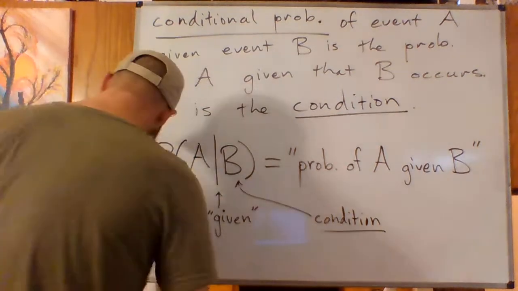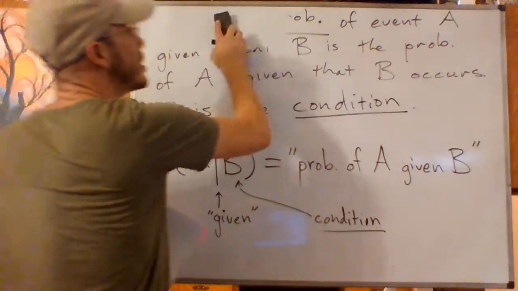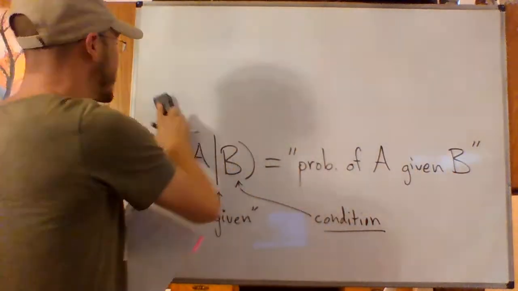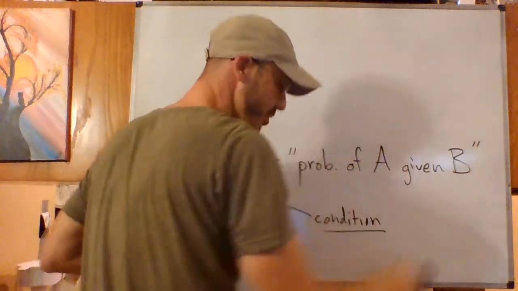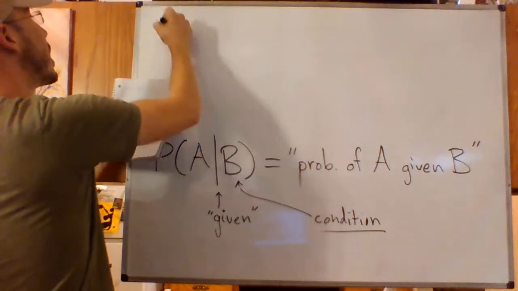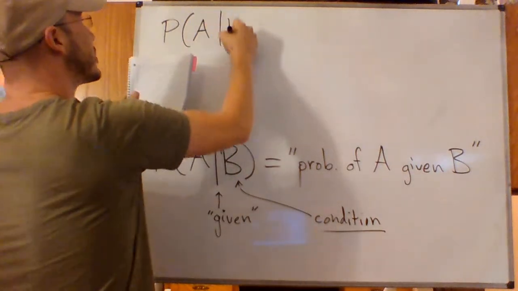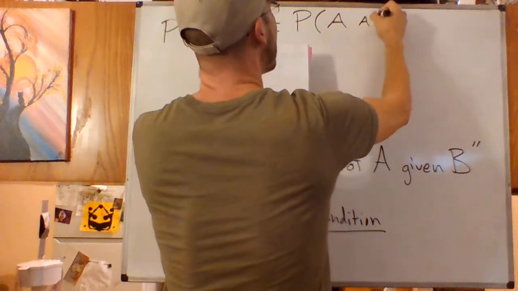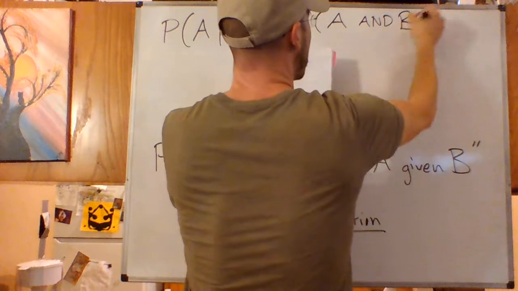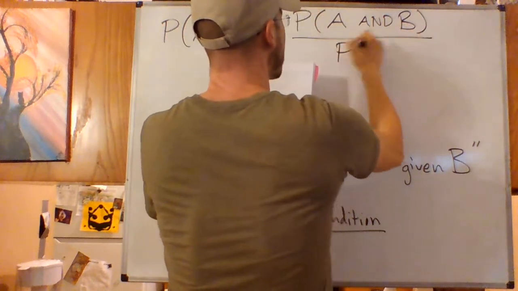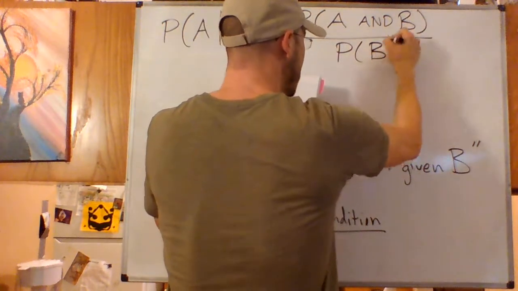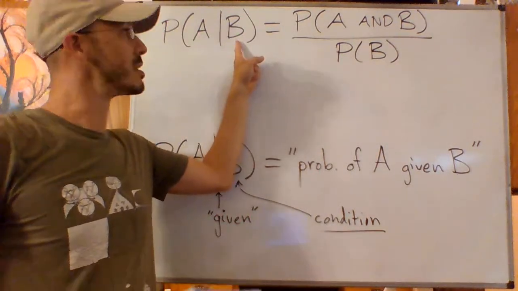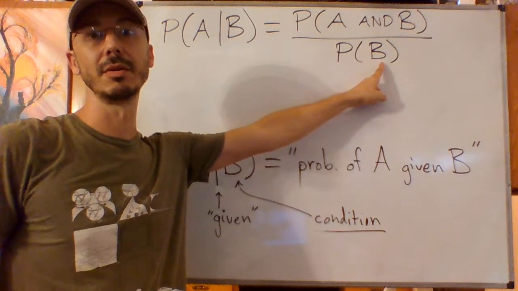So there's a way to calculate this, a formula that's really useful. Sometimes we have to calculate it a different way because we don't have all the information for the formula, but usually the probability of A given B is equal to the probability of A and B divided by the probability of B. And it's always this condition B that appears in the denominator.